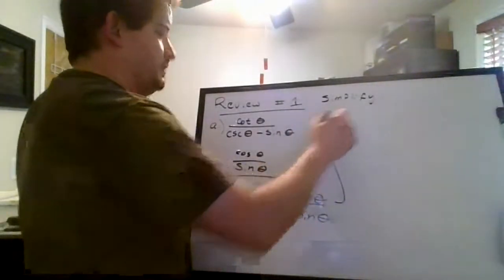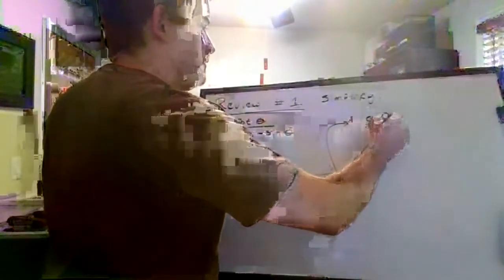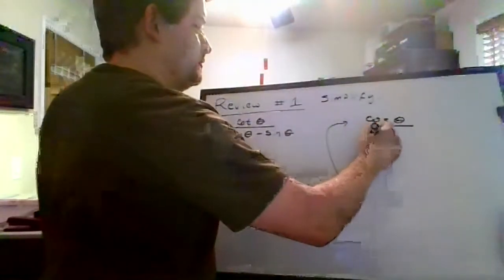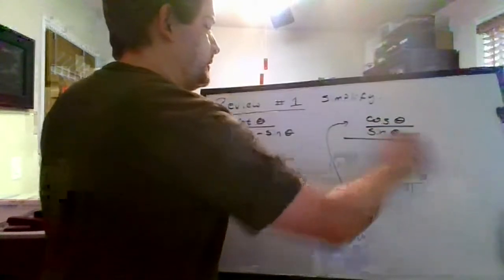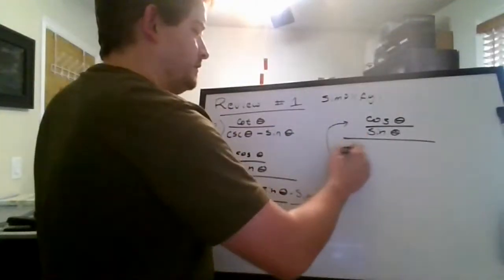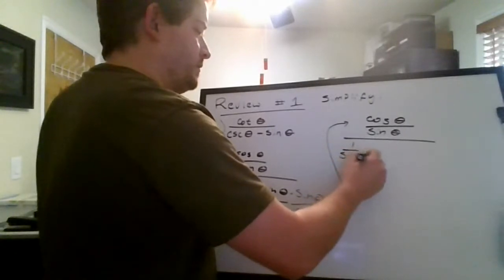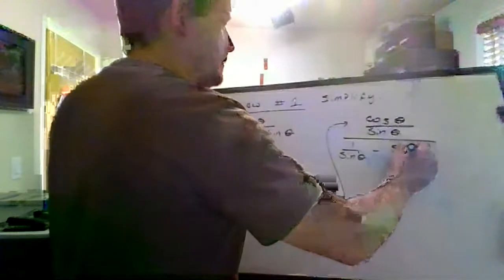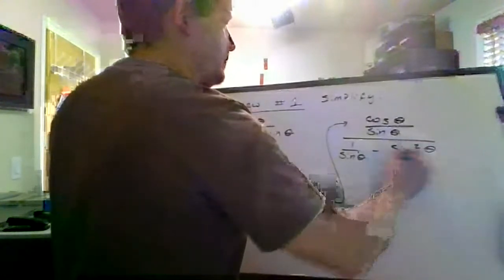This turns into cosine of theta over sine of theta, all over 1 over sine theta, minus sine squared of theta over sine of theta.